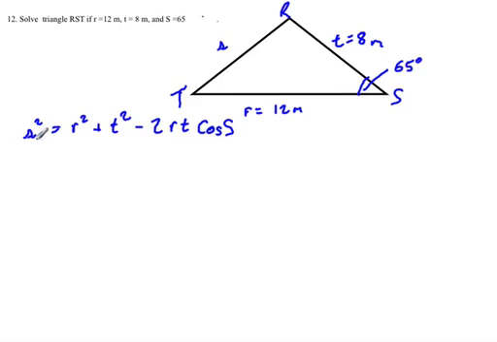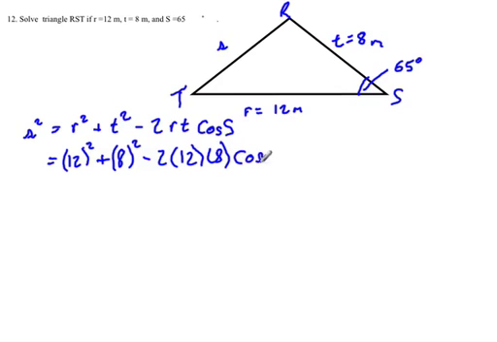And we're going to sub in then for the values that were given in our diagram. So R is equal to 12 squared plus 8 squared minus 2 times 12 times 8 times cosine of 65 degrees.